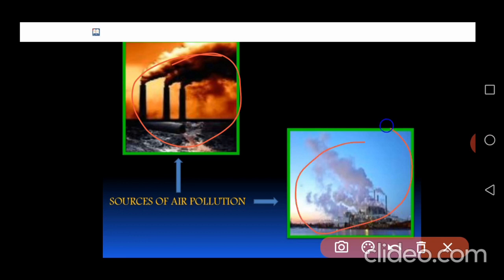Industries related to clothes, pharmaceutical industries, and other industries or factories release very dangerous gases in the form of smoke, which mix with the atmosphere and finally cause air pollution.